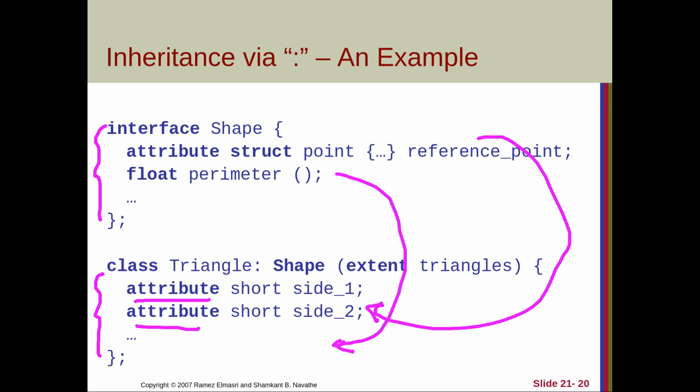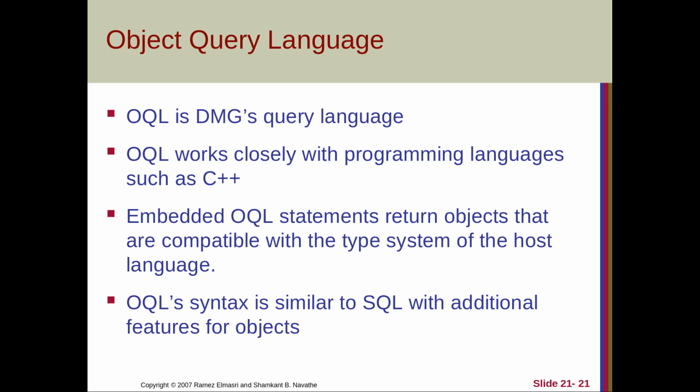Now in the next session we will discuss the second category of language, which is called object query language. Object query language is similar to the data manipulation language used in the SQL model.